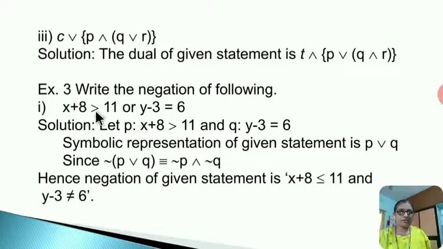Here we negate x plus 8 greater than 11 as x plus 8 less than or equal to 11, and we negate y minus 3 is equal to 6 as y minus 3 not equal to 6, and here disjunction is replaced by conjunction by using this law. It is also called De Morgan's law.